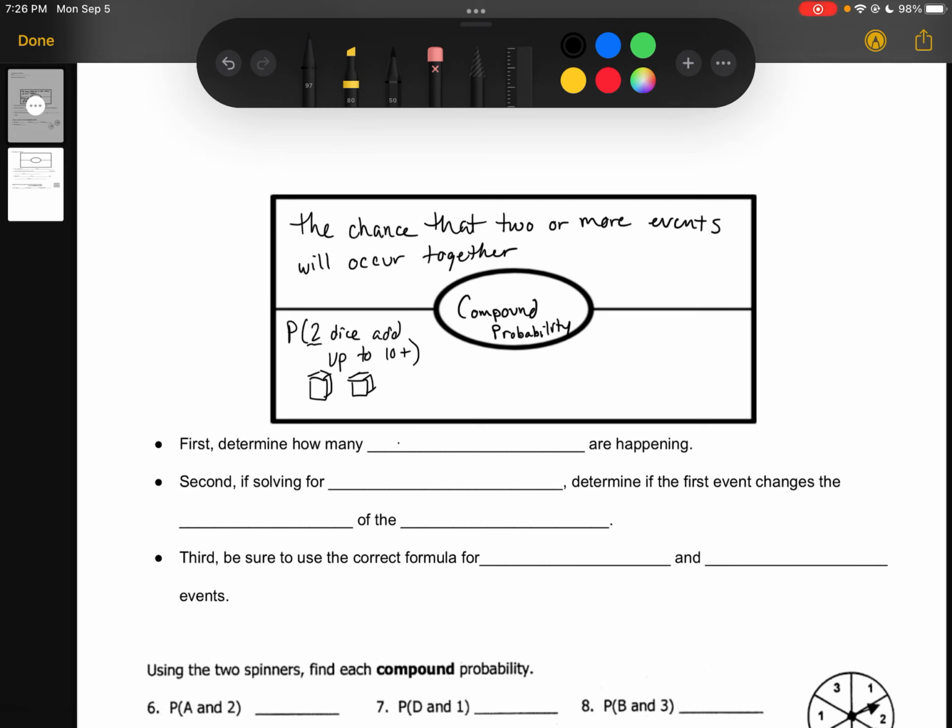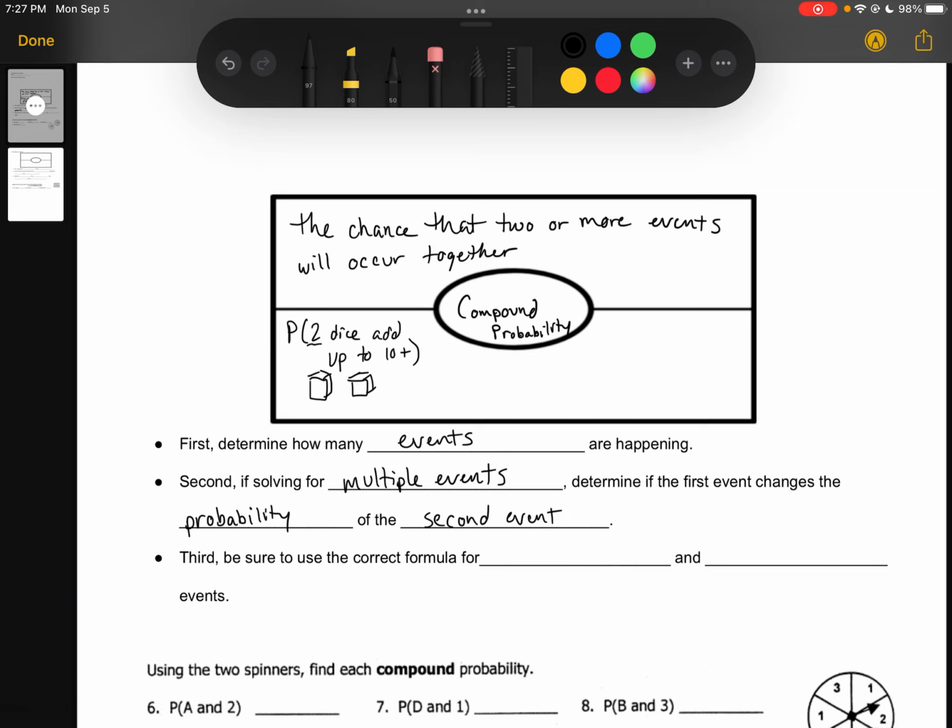So first, we must determine how many events are happening. Second, if we are solving for multiple events, so as in more than one thing happening, we have to determine if the first event changes the probability of the second event.